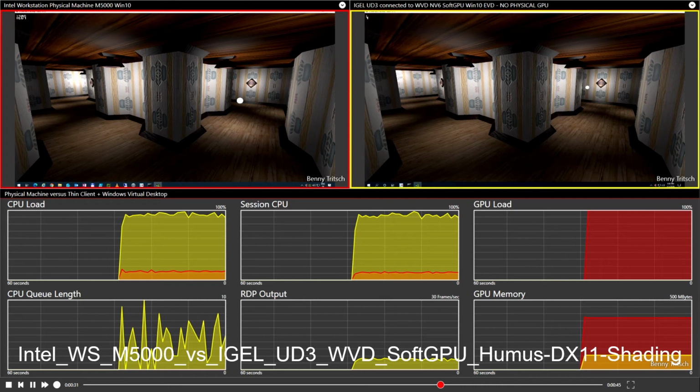So in this test setup, you see a physical CAD/CAM workstation with an NVIDIA M5000 GPU on the left. Data is in red. On the right, in yellow, it's again an Igel UD3 thin client connected to a WVD NV6 VM.